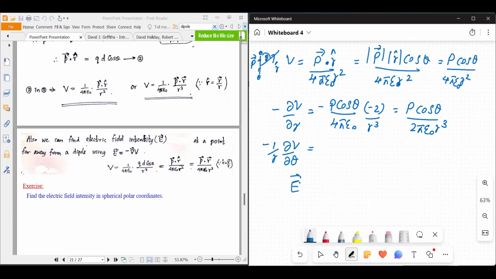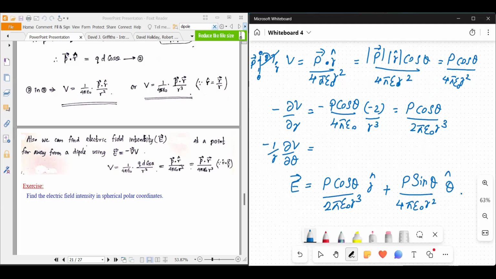E is equal to P cos θ over 2πε₀ r³ in the direction of r, plus by calculating this term, you should be able to get P sin θ over 4πε₀ r³ in the direction of θ. So this is the electric field in spherical polar coordinates.